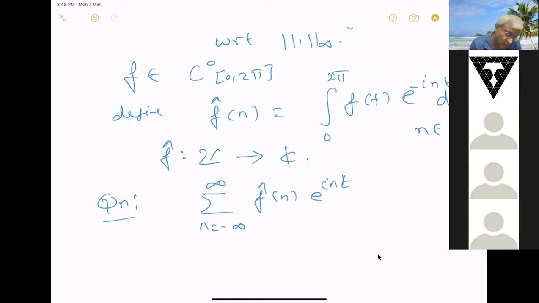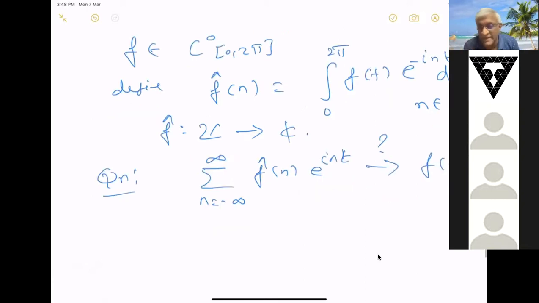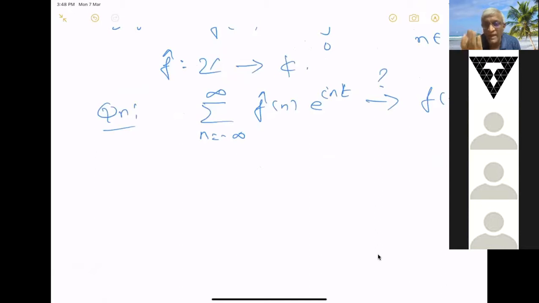Does this converge to f of t? This is the question. This is an infinite series, so you need to talk about convergence in which topology. Does this converge to f of t? We would require it for each t.